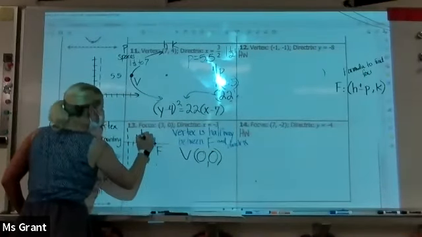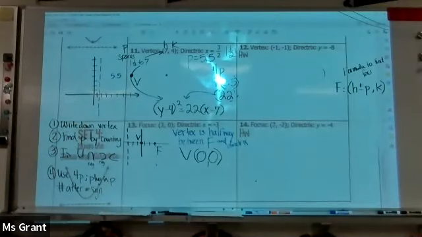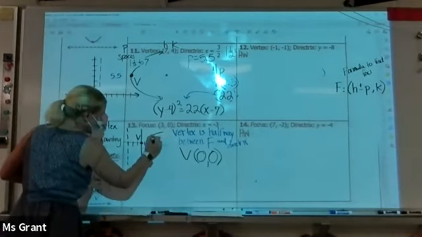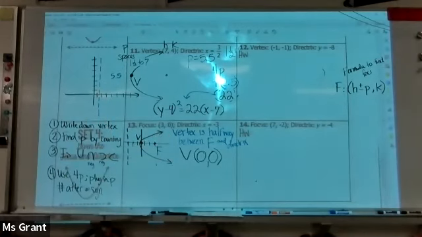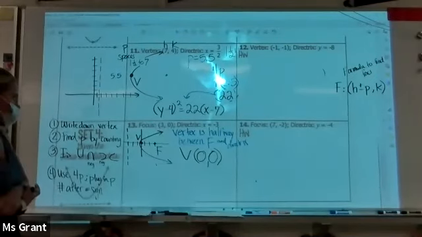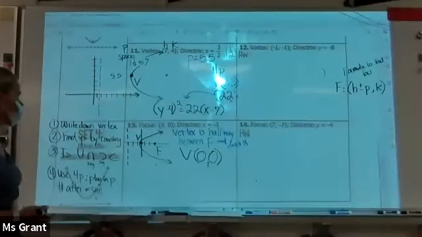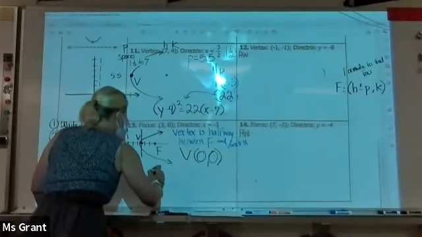Knowing where my vertex is and where my focus is tells me how my parabola opens. Since my focus is inside the curve, like that, it's going to have a y squared in front.